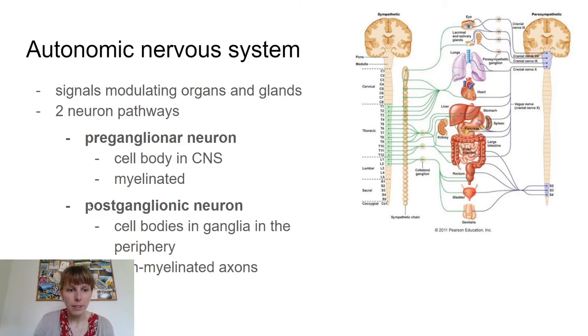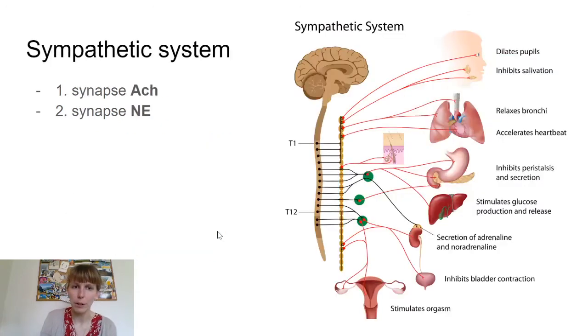This second neuron is the one that will be modulating the peristalsis, the rate of your heart, and function of your salivary glands and stuff like that. So preganglionic and postganglionic neuron, and this one will be in the ganglion, the group of cell bodies in the periphery.